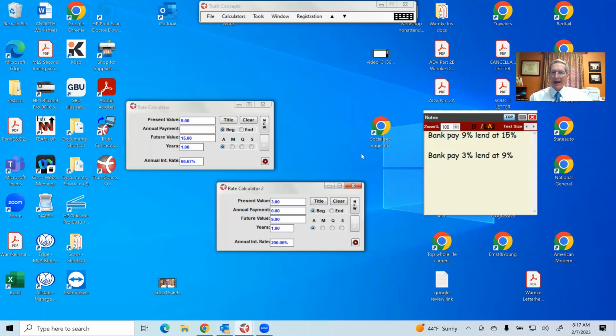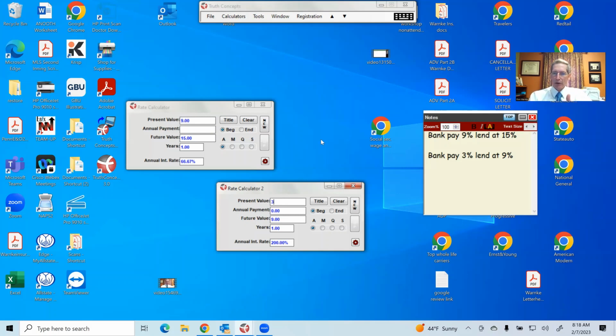Well, if all the bank had was $9 to work with, in the first option, they could only do one deal. You put $100 with them, they gave you $9 for the use of your 100, and then they charged somebody else 15. In scenario 2, if all they had was $9 to work with, they could actually do 3 different deals.